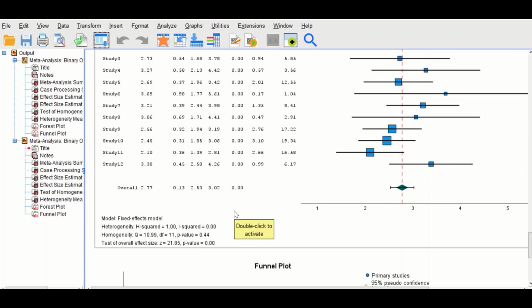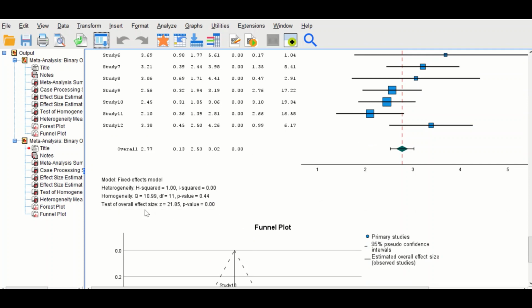So that reflects that there is no heterogeneity, and the results from all these 12 studies are homogeneous, and as given here by a p-value greater than 0.05, which means that there is homogeneity among the studies. And for the test of overall effect size, which is the OR, odds ratio, that is standardized through Z scale, the p-value is less than 0.05.